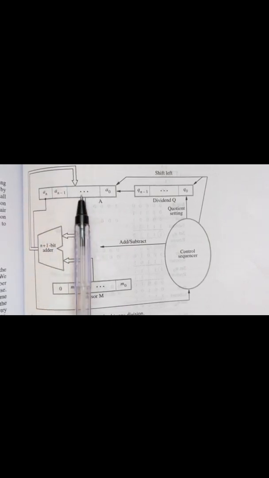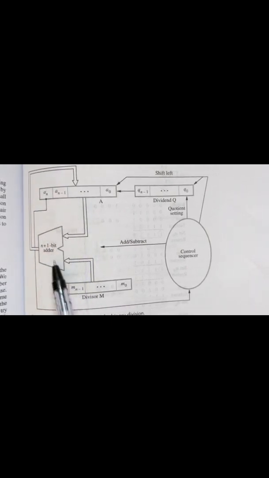M will have the divisor, A will be the accumulator value, and then it restores the value. Whether it is to be restored or not is also decided by the operations performed in the control sequencer. So this is the circuit of the binary division.